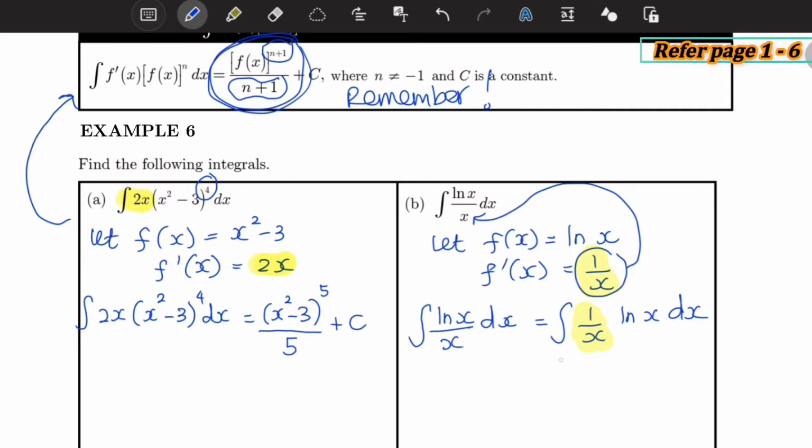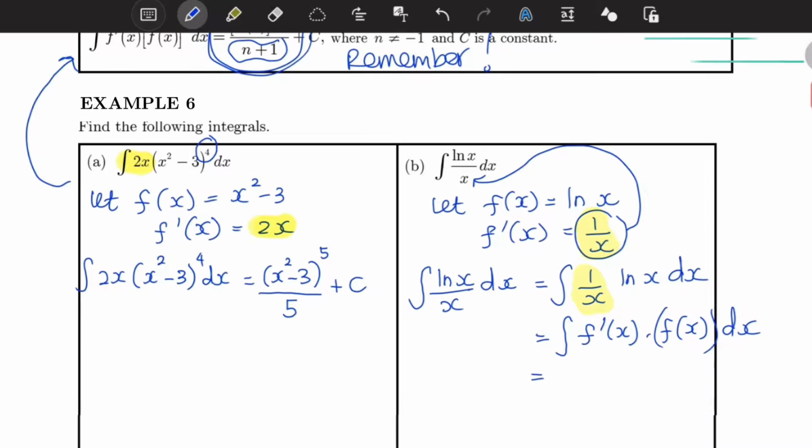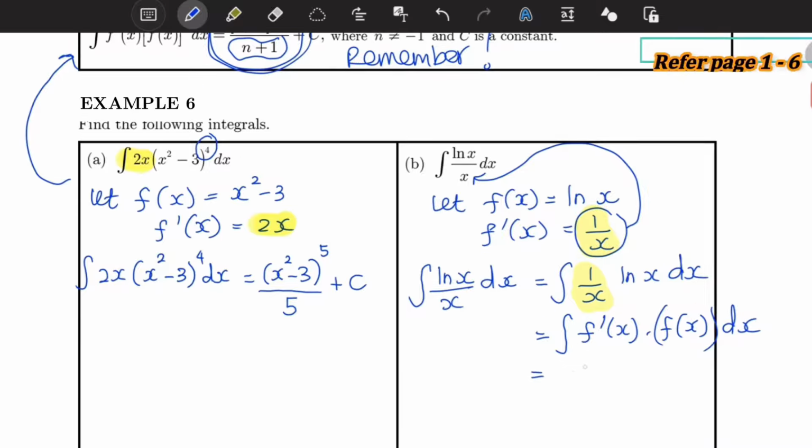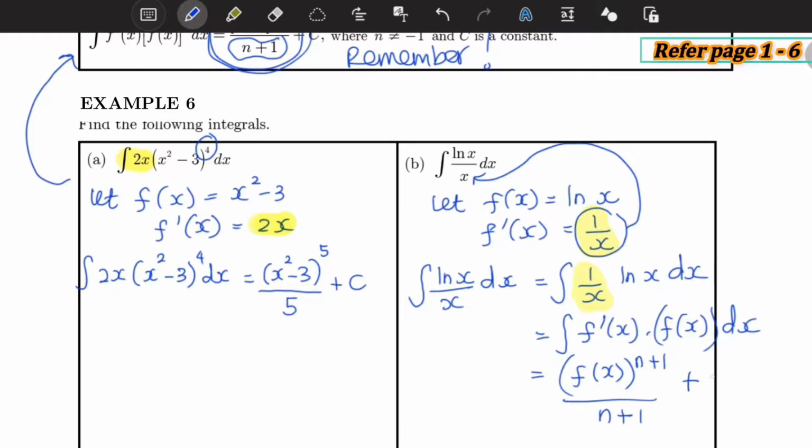Okay, and this is the pattern of integrate f prime x times f x dx. And the answer for the rule is f x power of n plus 1 over n plus 1 plus c.